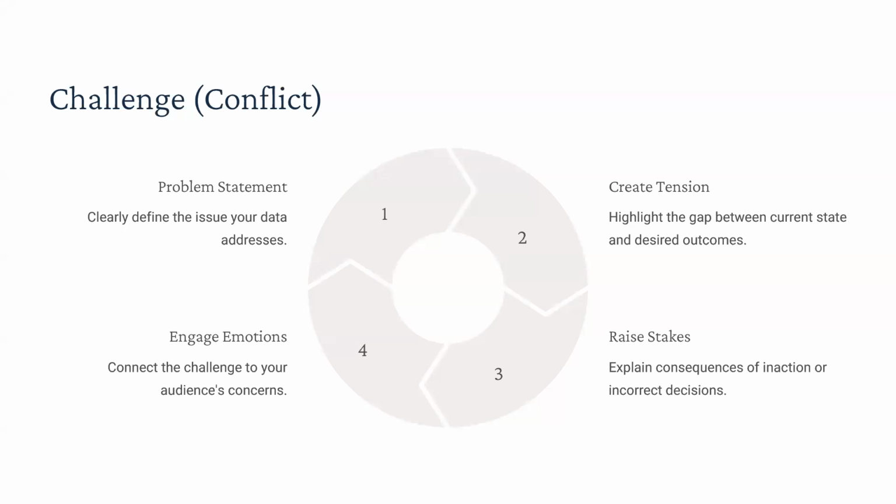This way we explain the consequences of inaction and of the incorrect decisions we might make if we don't understand the story. And throughout the whole process, we try to engage the emotions of our audience, because if we do that and address their concerns, they will continue with us until the end of the story.